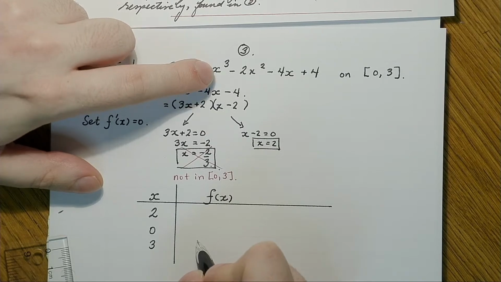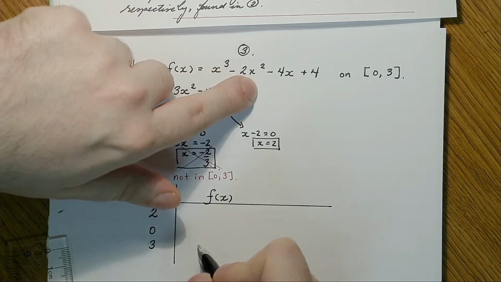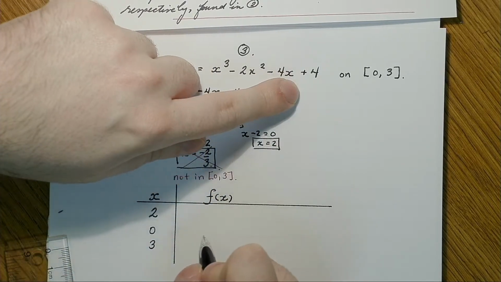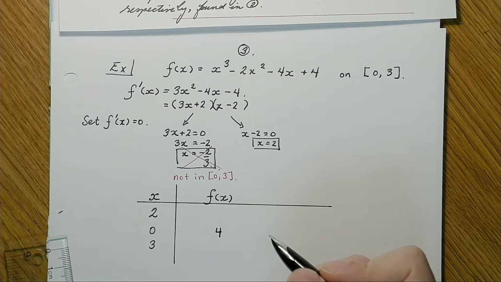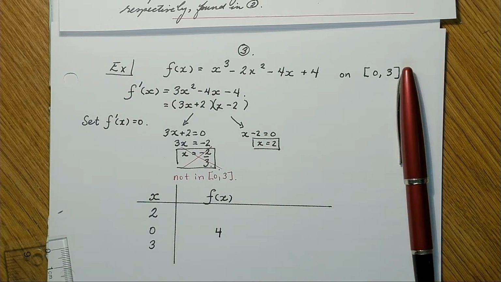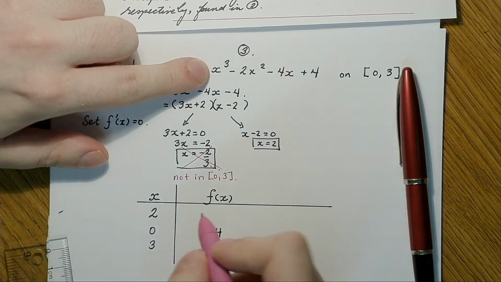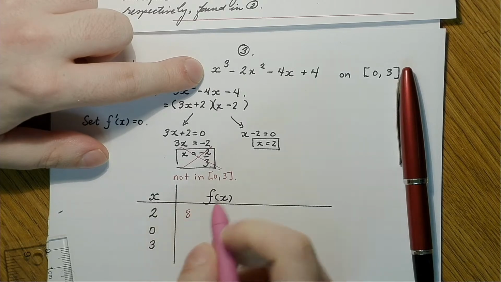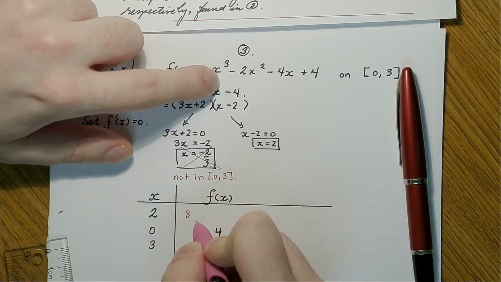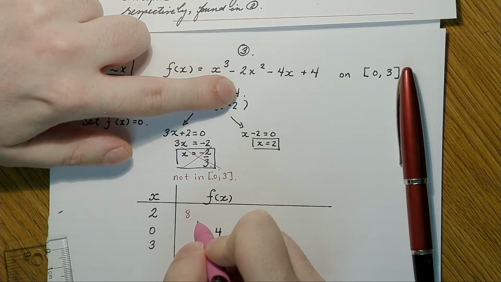So I have 0 cubed minus 2, that's 0, and this is 4. Oh, now I gotta actually do some arithmetic. For this one, I have 2 cubed is 8. And then I have minus, so 2 squared, that's 4, times 2 is 8.